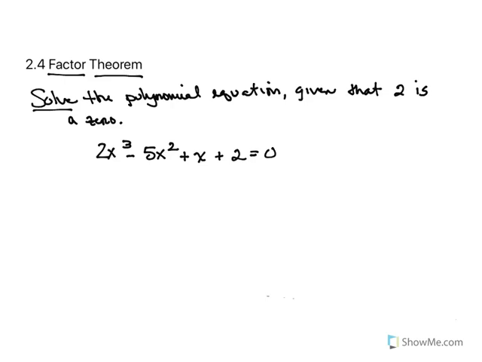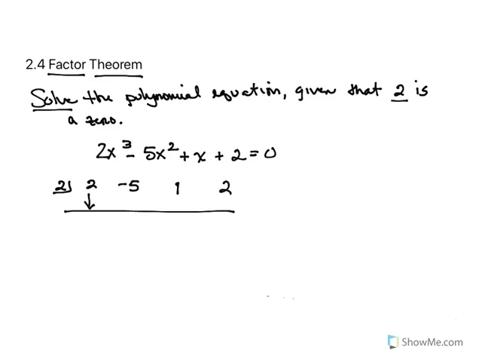They're giving us an initial 0 so that we can get this polynomial function down to a quadratic form. So we're going to use the given 2 as our shelf, and then use our synthetic division process to identify the coefficients for the quadratic form.